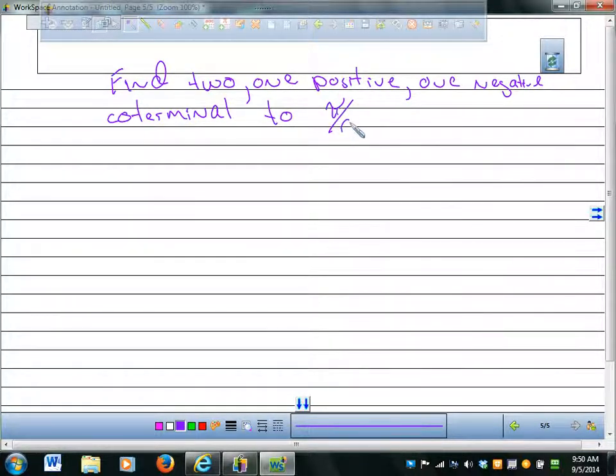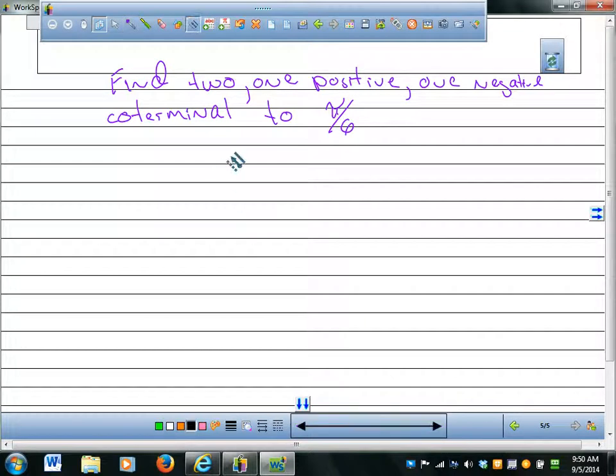Okay? And if it would help you, draw a picture. So, pi over 6, how many degrees is that? We just did it. It's 30 degrees.